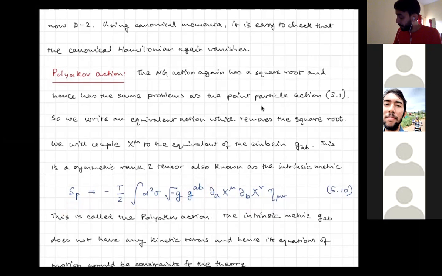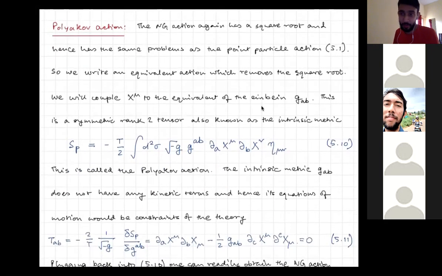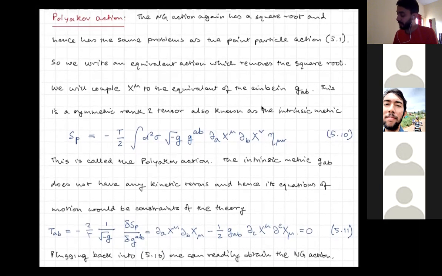This again will be another homework. Just notice here that g_ab does not have any sort of kinetic terms in the action.